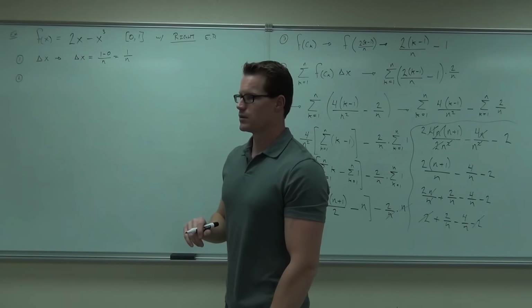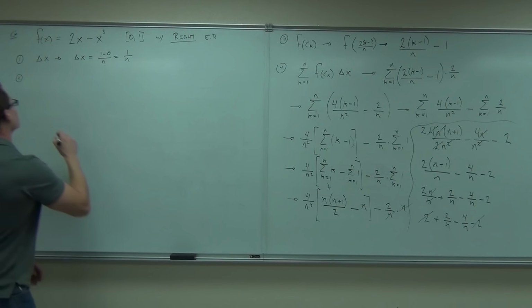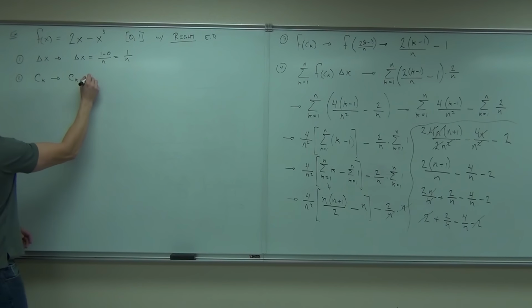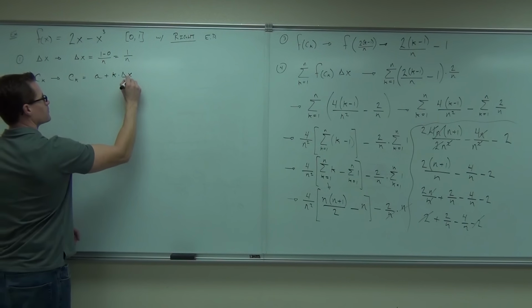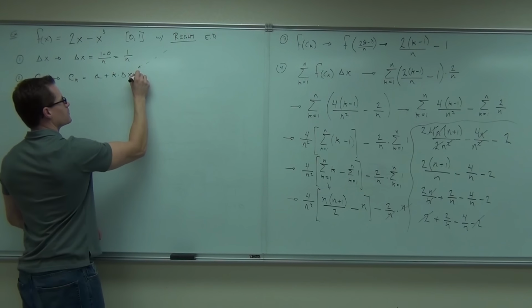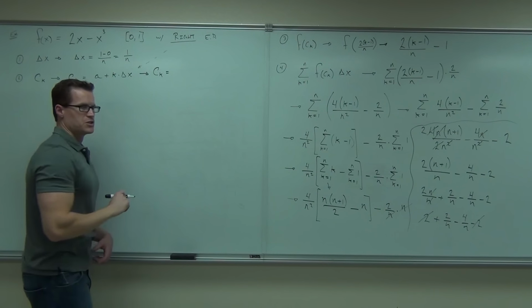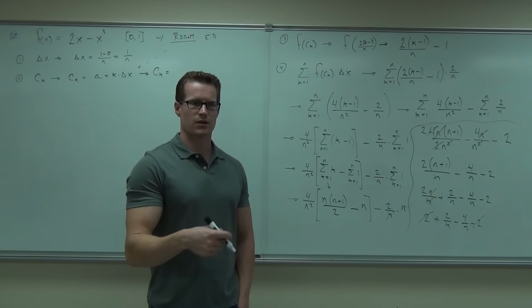Find C sub k. Okay, go ahead and do that. We're using right endpoints. Did you find C sub k already? Yes. It should go pretty quick. This is not one of those hard ones either.